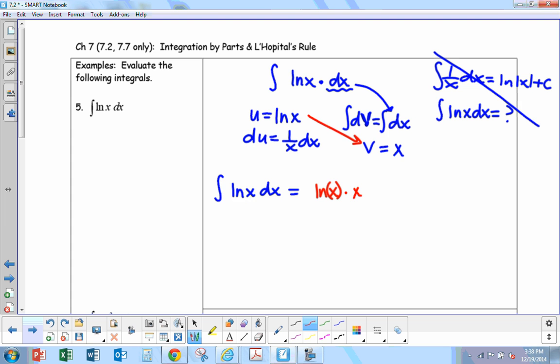Or it might just help you when you rewrite your answer to put the x in front, x natural log of x, so you don't get it mixed up. The formula tells you to take uv minus, and then go across, the integral of v, so the x, du, times 1 over x dx.